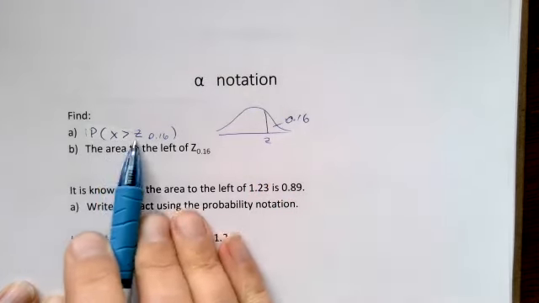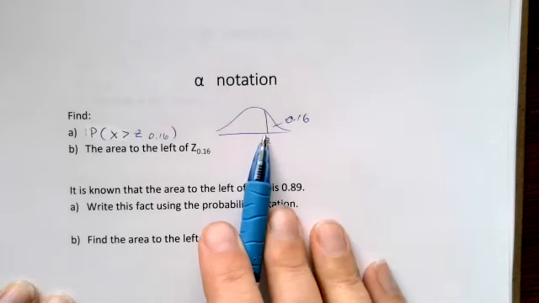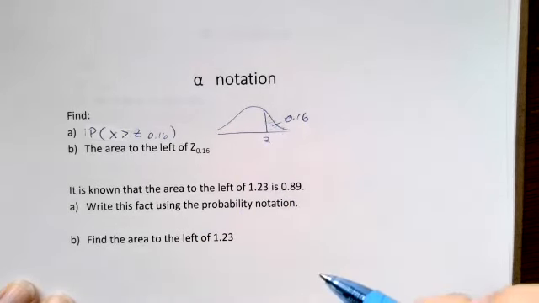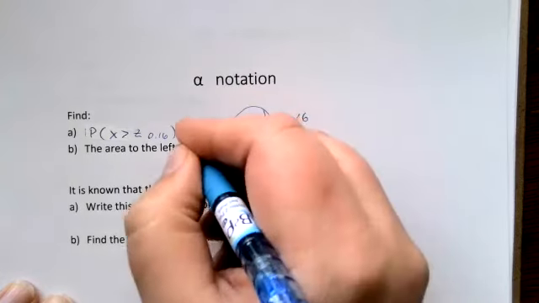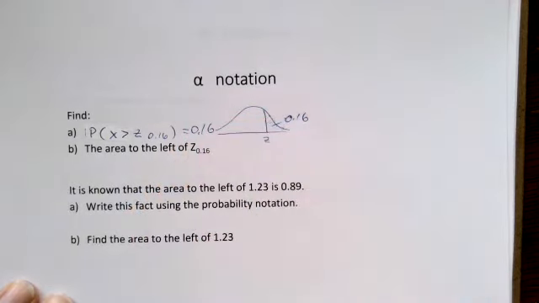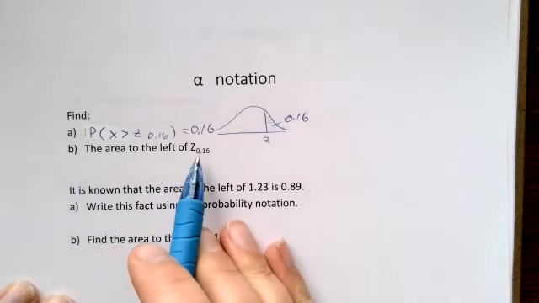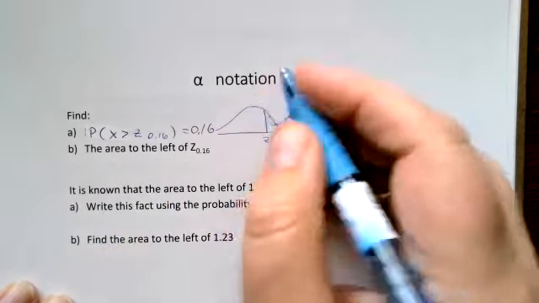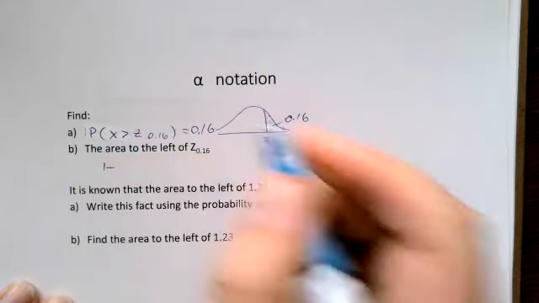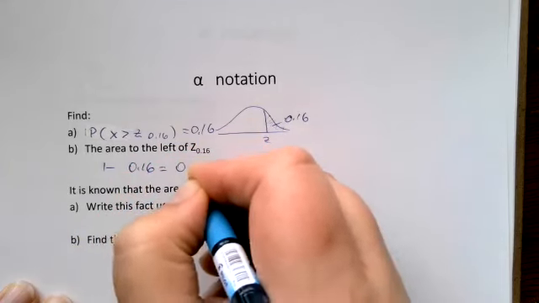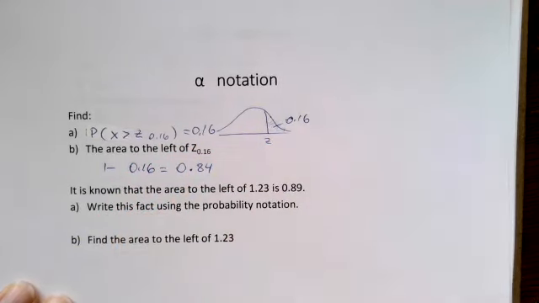X is greater than that value is actually the area to the right of that value. So it's going to be exactly 0.16. Now, question B, the area to the left of that value. Well, that area is going to be 1 minus 0.16, which is 0.84.